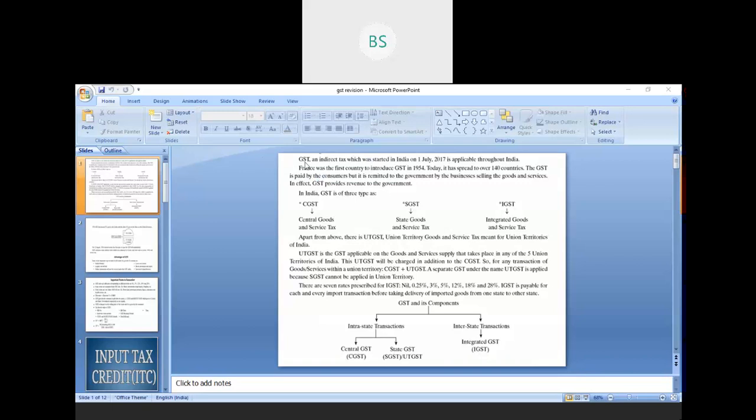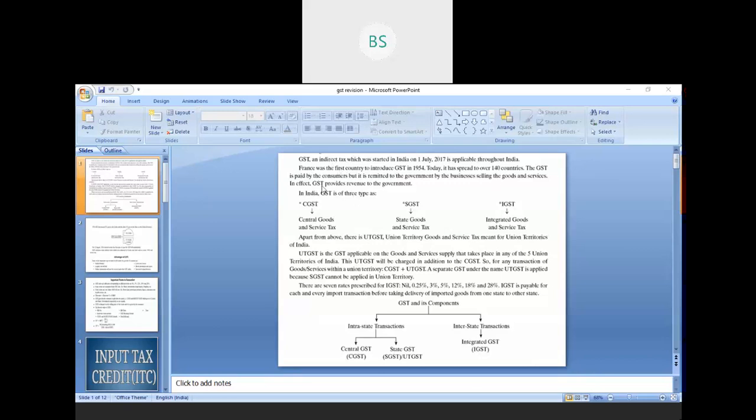France was the first country to introduce GST in 1954. Some general questions might come, not only in your 10th standard class, but it will also help you when you are giving your competitive exams. Today it has spread to over 140 countries.